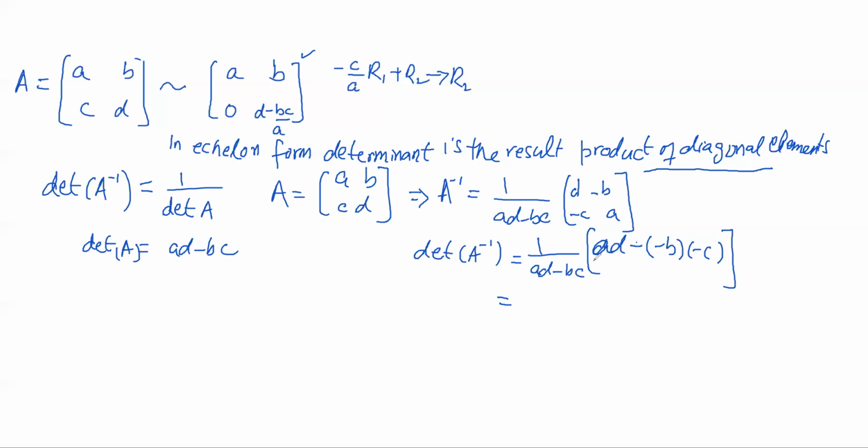So we know that the determinant of A inverse is equal to 1 over the determinant of A. If the determinant of A is this, then the determinant of A inverse will be 1 over AD minus BC, right?